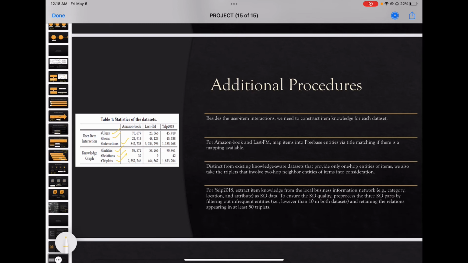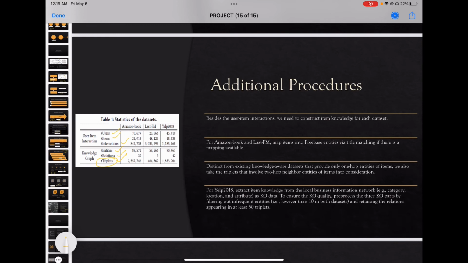Distinct from existing knowledge-aware datasets that provide only one-hop entities of items, the triplets that involve two-hop neighbor entities of items are also taken into consideration. For Yelp 2018, extract item knowledge from the local business information network, like category, location, and attribute, as a knowledge graph.